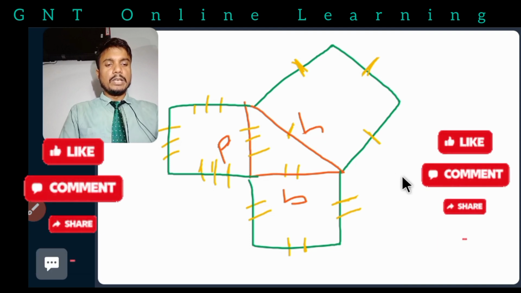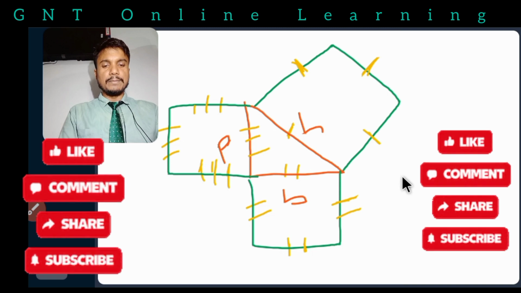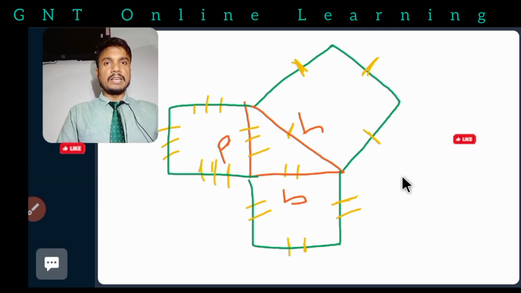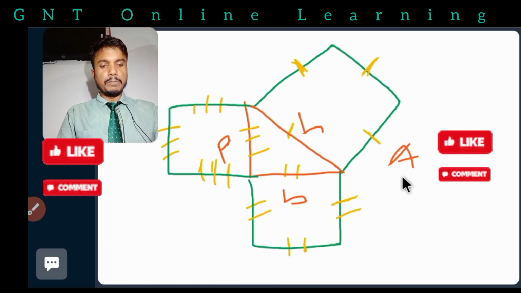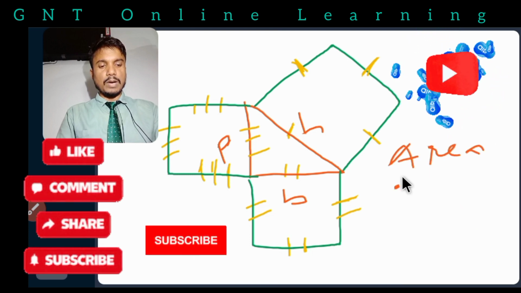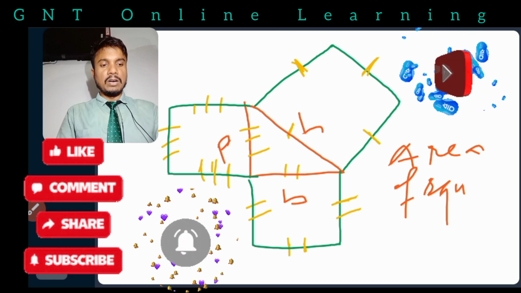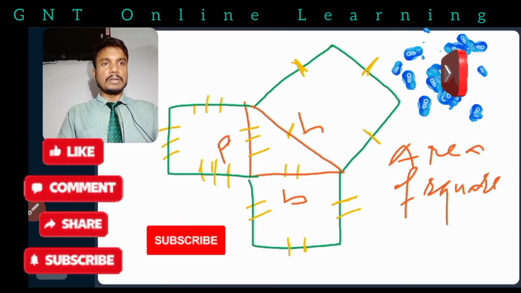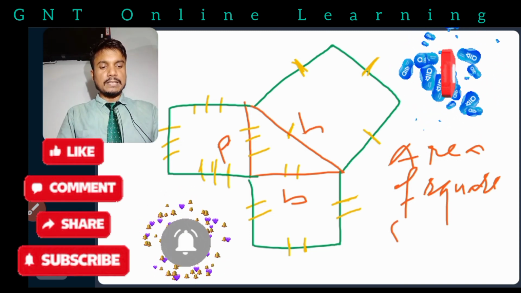Now suppose we talk about the area of a square. What is the formula? The formula is side square.